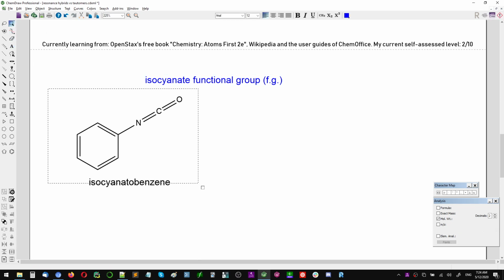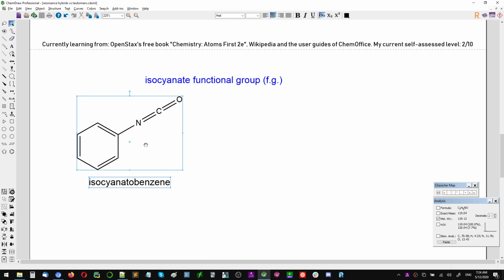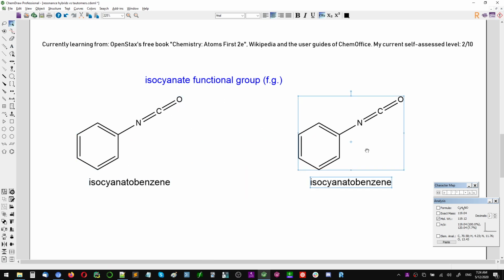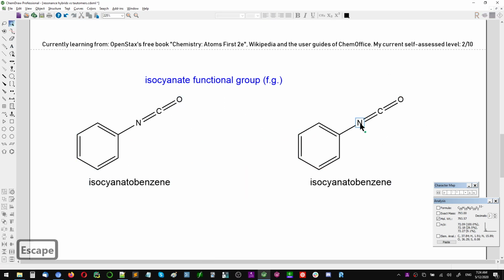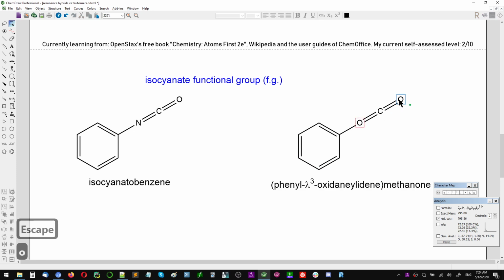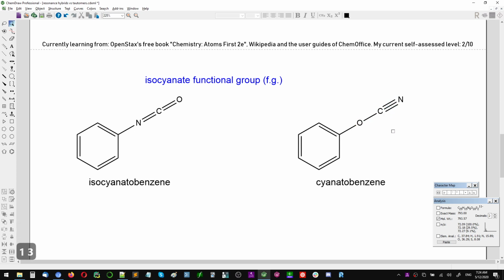Now let me just copy this. And if the oxygen is first, in this case, this would be the cyanate ester functional group, where ester means that the hydrogen from hydroxyl has been replaced by another ligand, in this case cyanide.